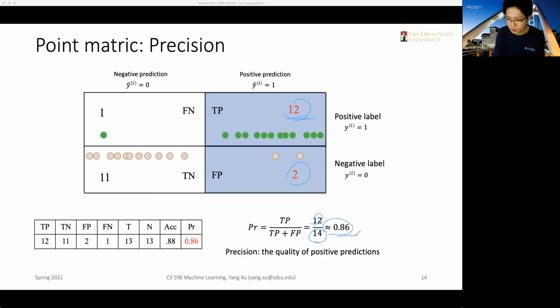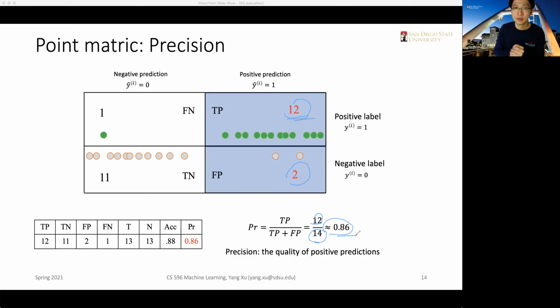If a model keeps making positive predictions, then it is likely that it will pick up all the actual positive data points, right?